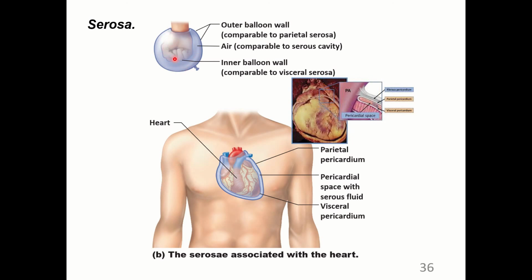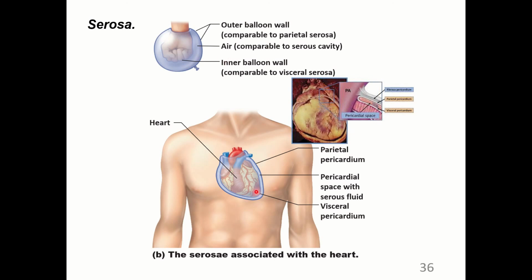The part of the balloon that is going to touch your hand will be the visceral serosa. The part of the balloon that would touch the outer balloon is the parietal serosa. In the body, this outer balloon would be connected to your body cavity.